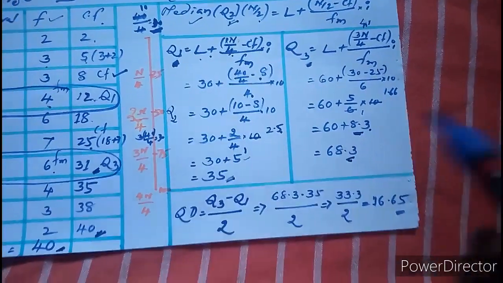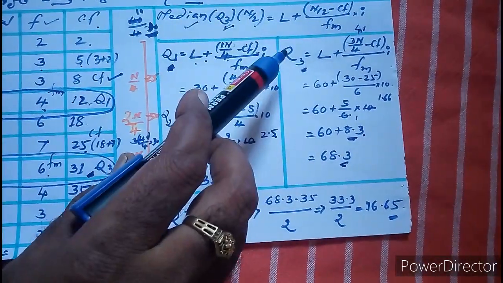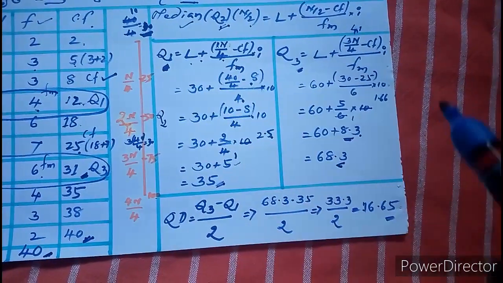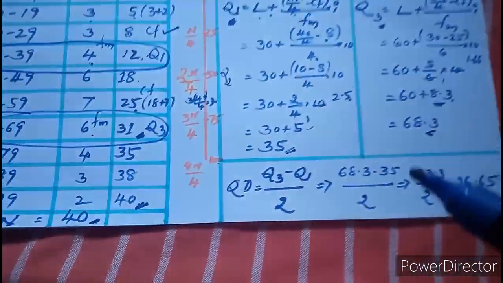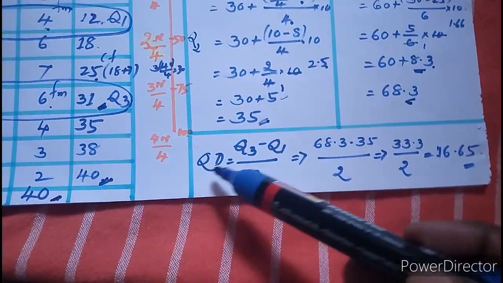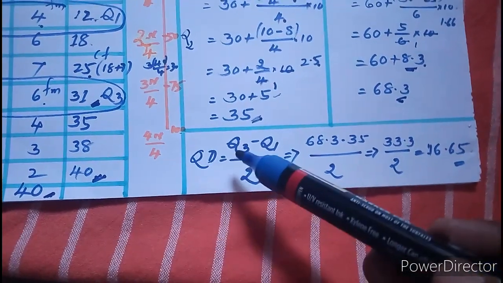Now we have found Q1 and Q3 by using this formula. Let us fill these values in the QD, that is quartile deviation.